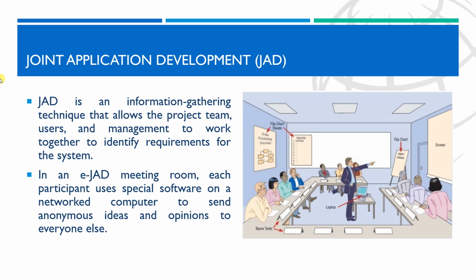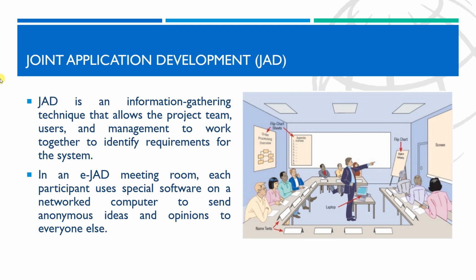In this way, all participants can contribute at the same time without fear of reprisal from people with different opinions. Initial research suggests that electronic JAD can reduce the time required to run JAD sessions by 50 to 80%.